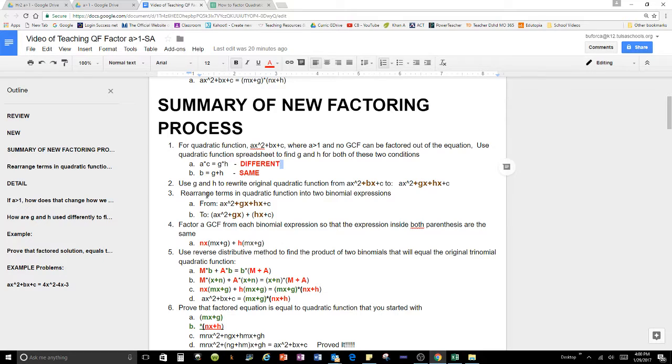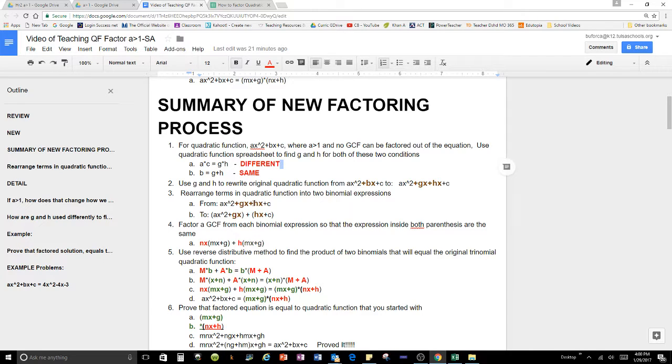And so the purpose for this is, once we've rearranged the quadratic function so that we replace bx with gx plus hx, what we're going to do then is rearrange the equation into two expressions, where we take the gx term and group it with the ax squared term.